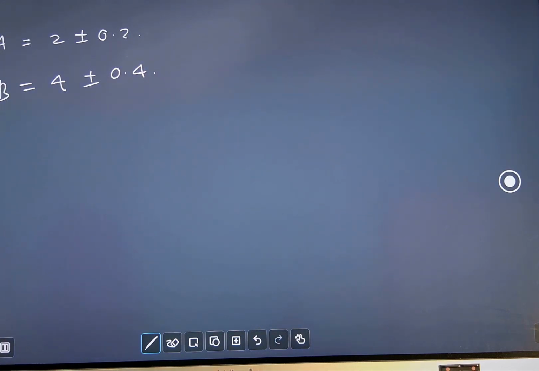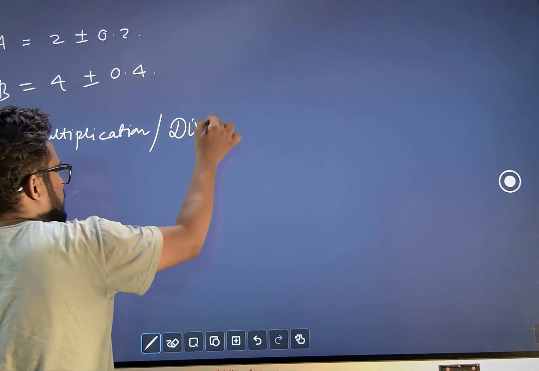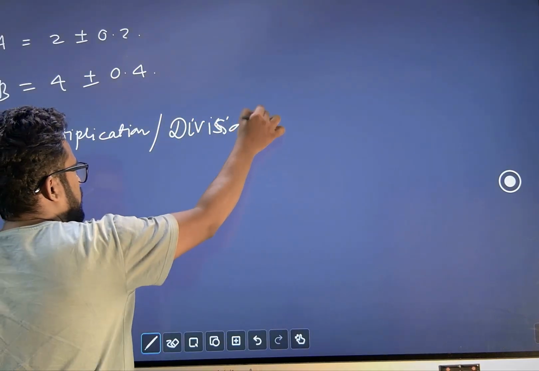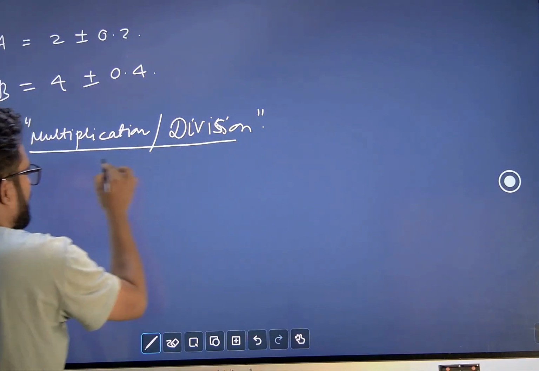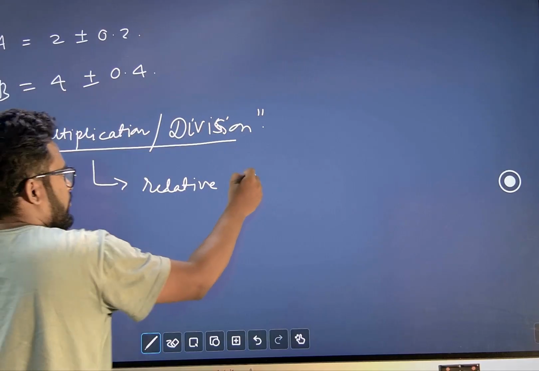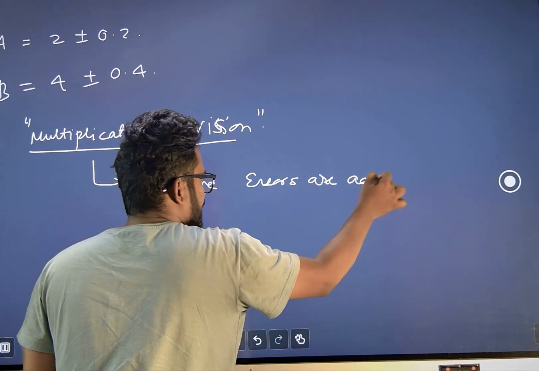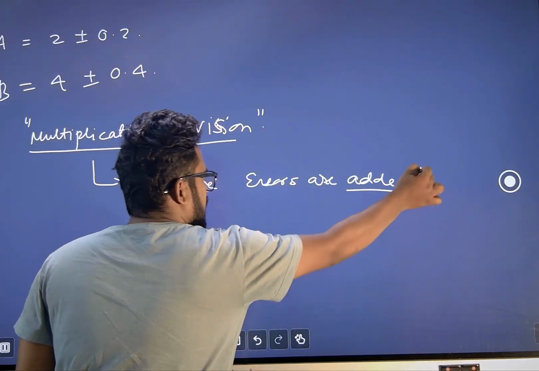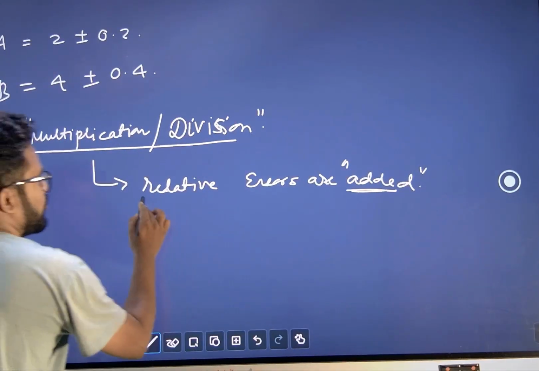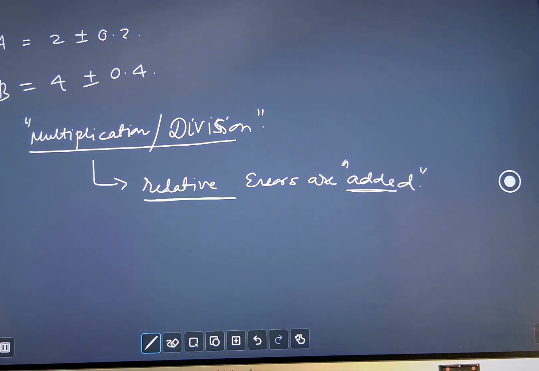So for multiplication and division, what you have to remember is that relative errors are added, not absolute but relative errors. When you add relative errors, it gives you the relative error only.